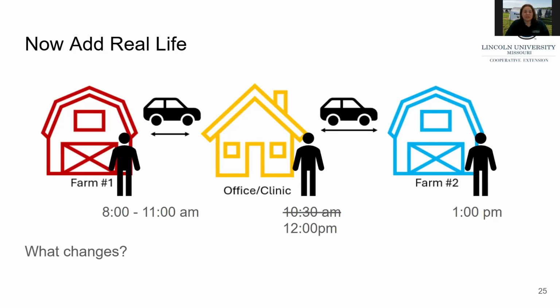Our next farm visit is scheduled for 1. So now we have an hour to get back to the office and needing to get to the next farm. What does that change? Maybe under our original schedule, we had plenty of time to go home or change clothes. Maybe we had plenty of time to clean and disinfect our boots and equipment between visits.